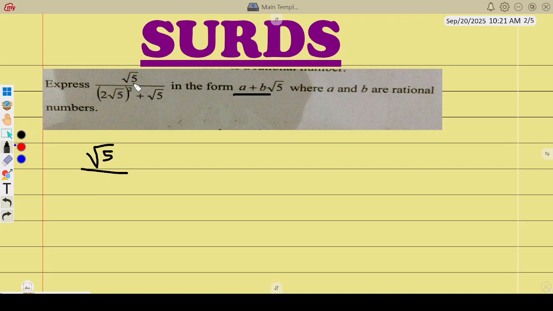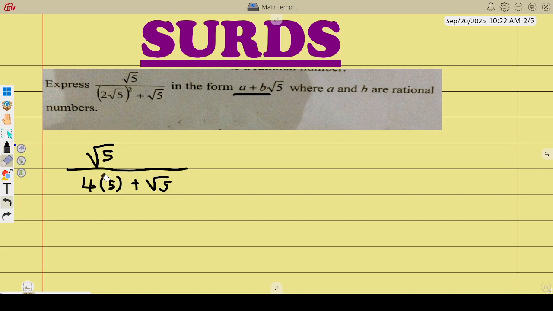Here I'll just simplify from here. The power 2, we can just say 2 power 2, that's 4. So let me write this. 2 power 2, that's 4. And then the power 2 will cancel with root 5 there, so we just remain with 5 plus root 5.